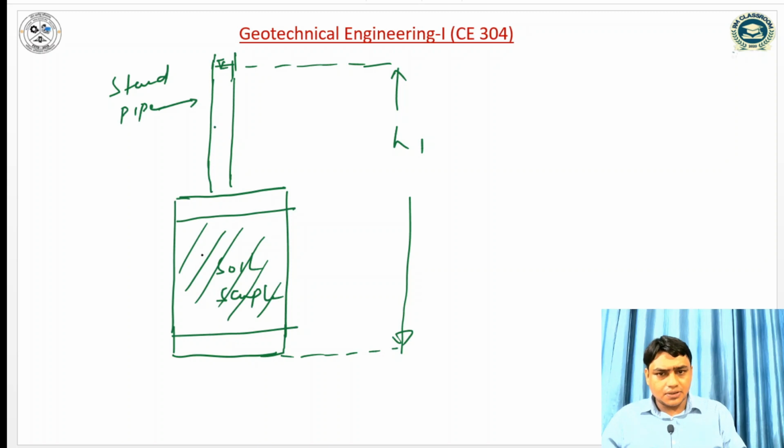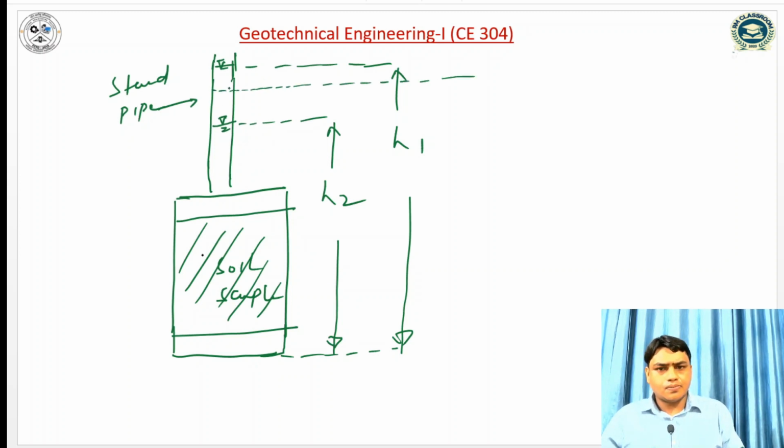Similarly, the second head is H2, and at any time t, let us assume the head is H. This is the constant head chamber where we collect the water.